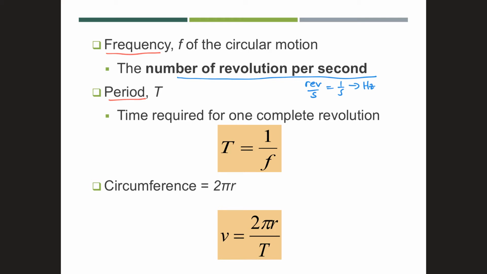The period is the time required to complete one revolution. The relationship between frequency and period is T equals 1/frequency. Because we talk about something moving in a circle, we need to find the relationship between the period and the velocity.